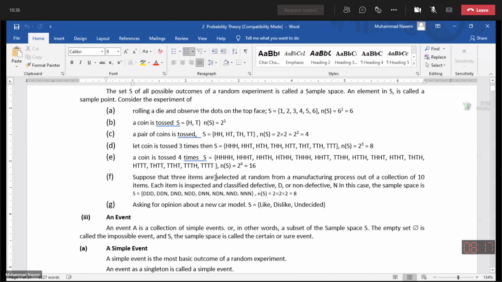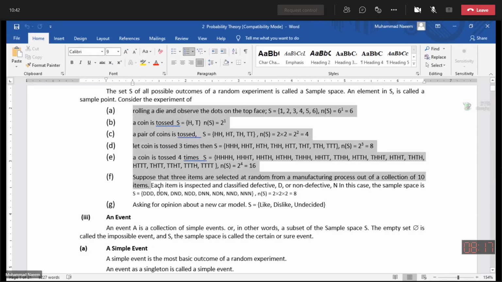In all these activities, we don't have any intention about the outcome. If we have a certain intention that in tossing a coin there should be a head, we try to get a head.